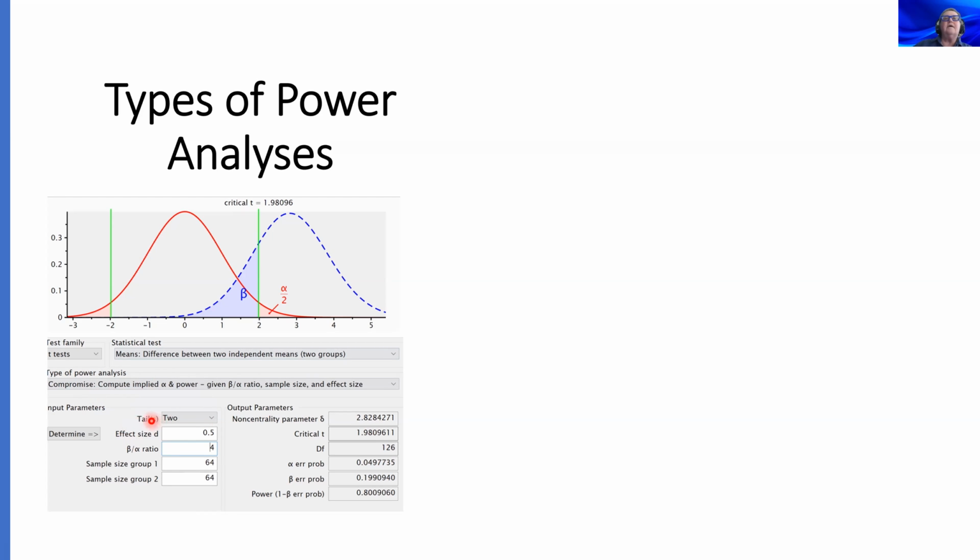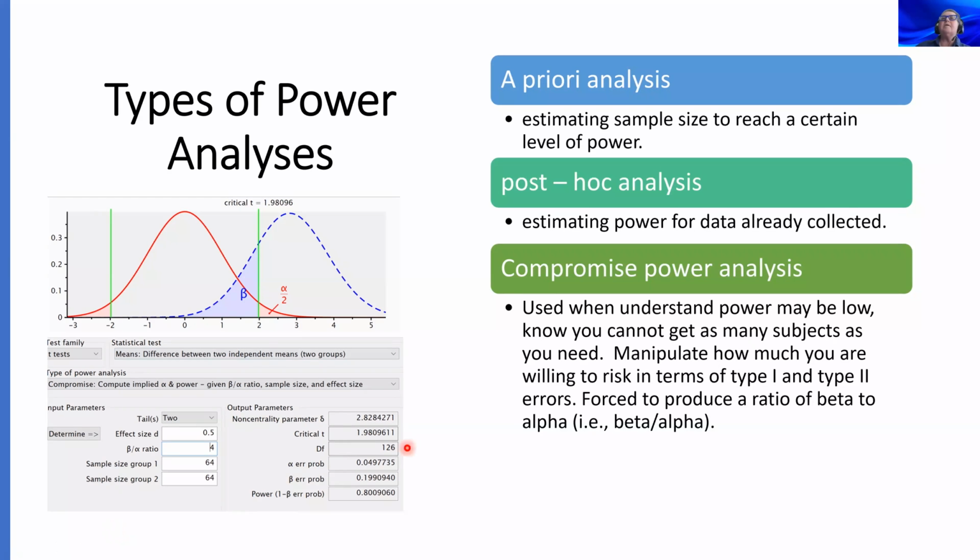And you're seeing whether it is a directional or non-directional test, the effect size, we'll look at something called the beta alpha ratio, the sample sizes in the groups, and then the power. You're also seeing the noncentrality parameter and some of the differences that we'd note in terms of alpha and beta.